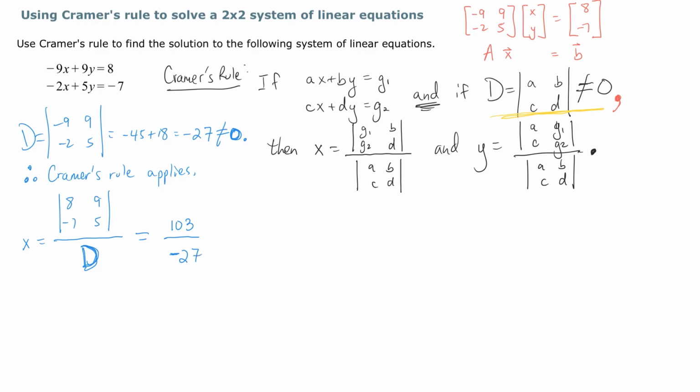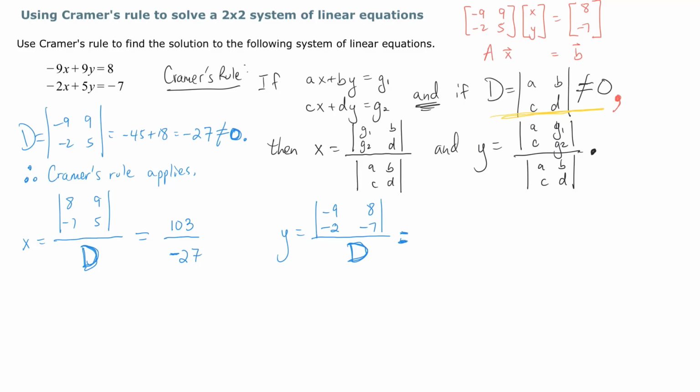What's y? Y is going to be negative 9, negative 2, and then we have 8, negative 7. And put this over D. Now remember, this is according to Cramer's rule. And how do you prove Cramer's rule?